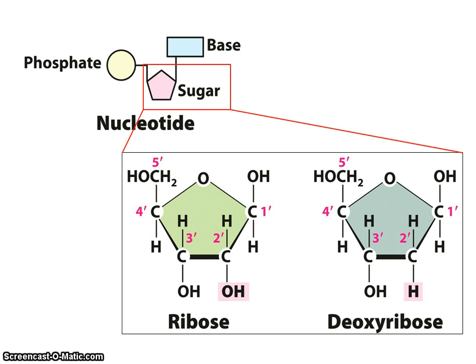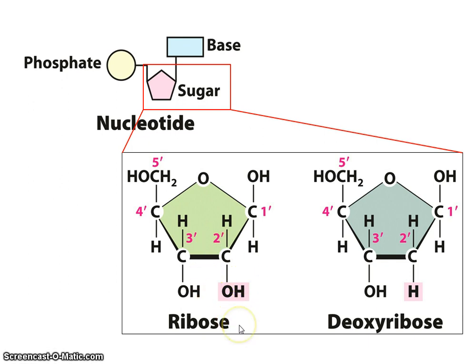The sugar consists of a carbon ring with an oxygen. The most important thing on here is that in DNA there is a hydrogen at this 2' carbon, whereas in RNA there's a hydroxyl group at this 2' carbon.